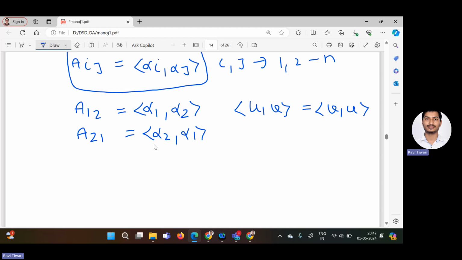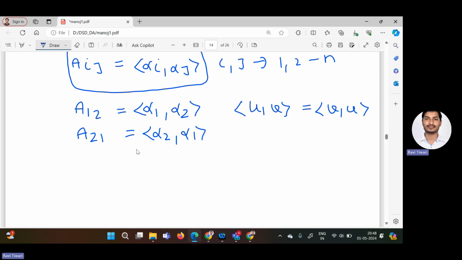So if you get this type of problem with a 2 cross 2 matrix, you only have to calculate A12 or A21, and there is no need to calculate both. Similarly, if you have a 3 cross 3 matrix, then A12 equals A21, A13 equals A31, A23 equals A32. You can reduce your calculation if you know the concept, because the obtained matrix is symmetric.